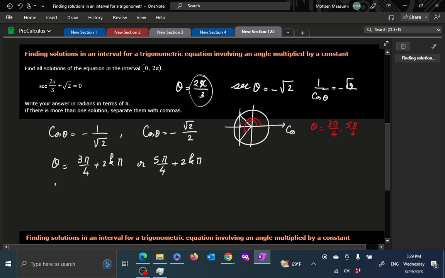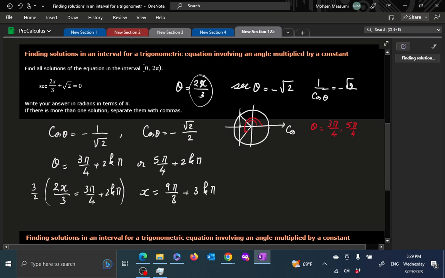So this means 2x over 3 is 3 pi over 4 plus 2k pi. To find x, multiply both sides by 3/2, so I get 9 pi over 8. So I multiply this equation by 3/2, both sides. The left hand side becomes x, the right hand side becomes 9 pi over 8 plus 3k pi.